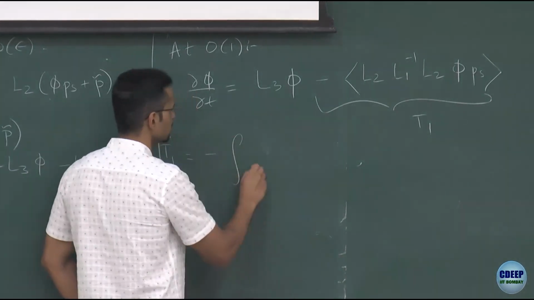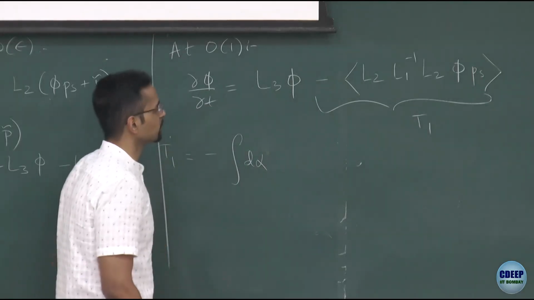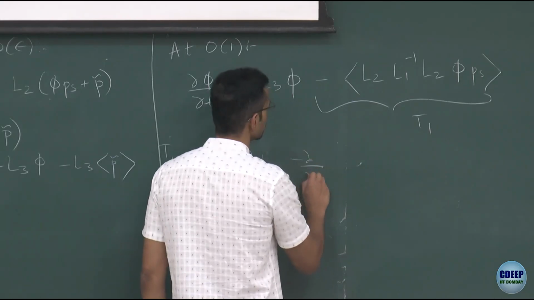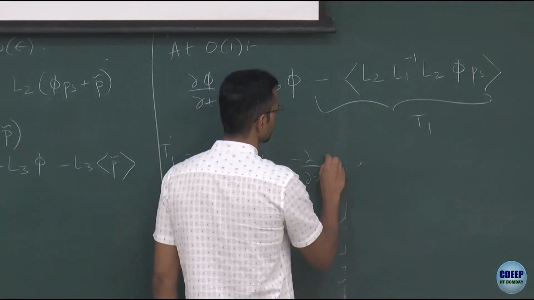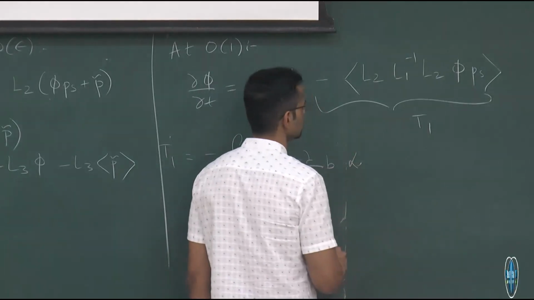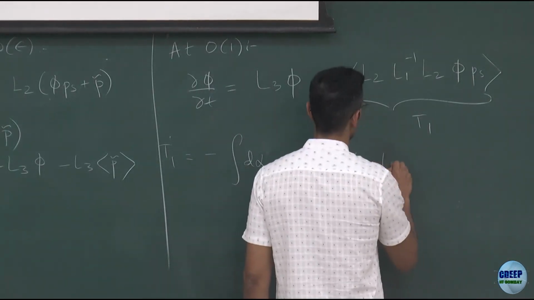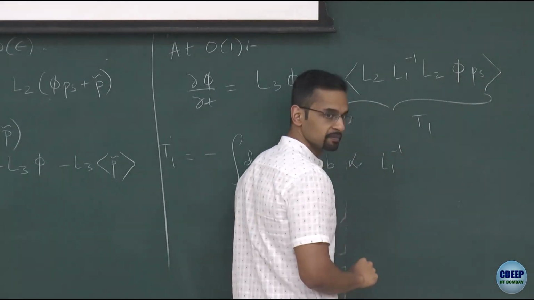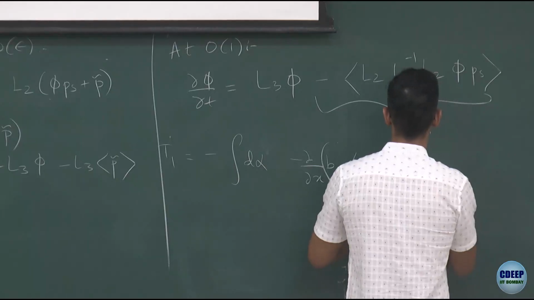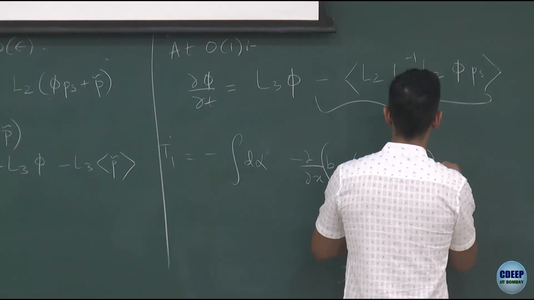It's minus integral d alpha, that is what is here. And then I have a minus dou by dou x of b of x alpha, then acting on L1 inverse, which again acts on minus d by dx.